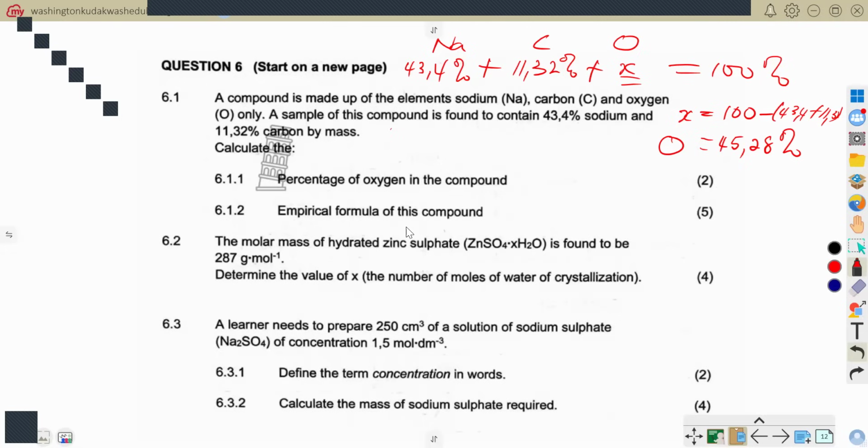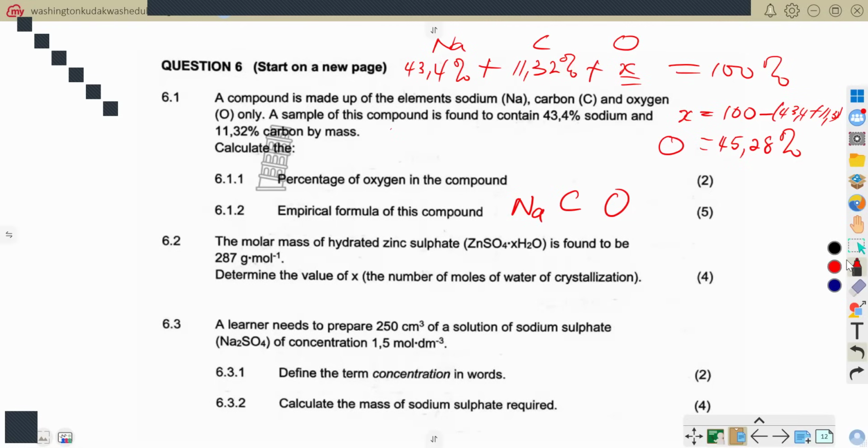Now let's look at the empirical formula of this compound. An empirical formula relates the molar ratio of these three. It's just to see how these three elements in this compound are combined in terms of their molar ratio. So we want to find the molar ratio of sodium, carbon, and oxygen in this compound.